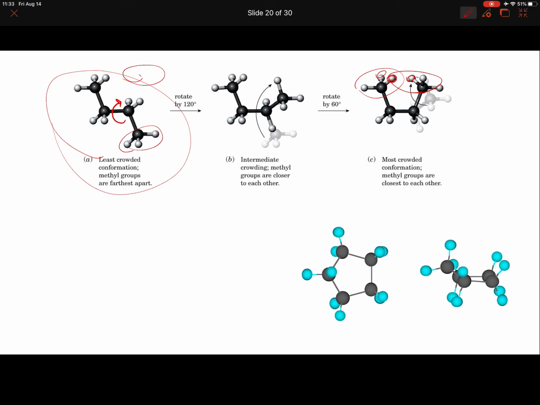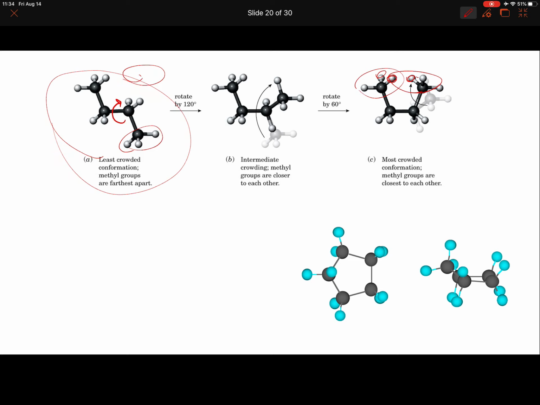What we're going to see when we get to the rings is that rings will actually take on a specific conformation. But anyways, you can see here that there is free rotation around these bonds. That just means that these groups can and will move away from each other if they get too crowded.